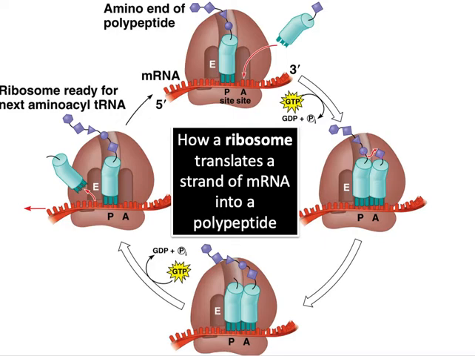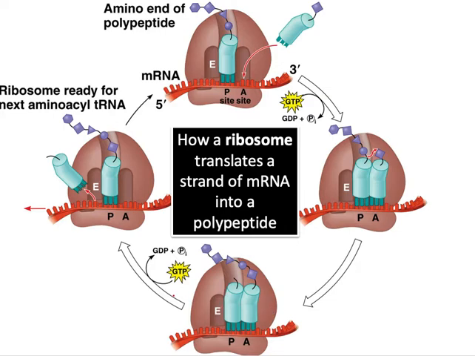All right, so when the peptide bond forms, now the polypeptide chain is in the A site. So what we're going to need to do is shift these tRNAs over. Actually, what happens is the ribosome moves over by one set of three nucleotides.